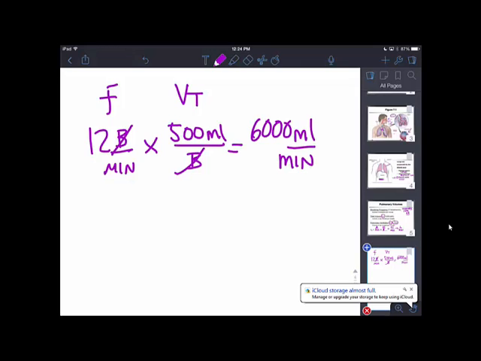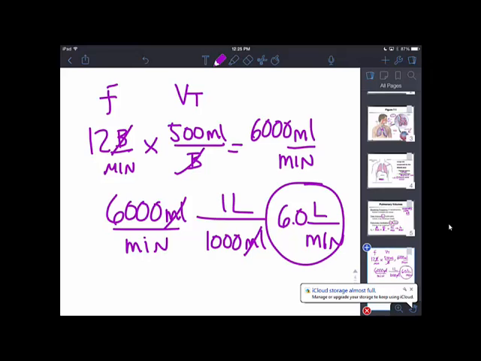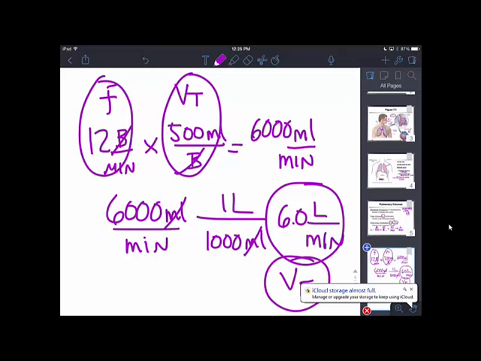Okay, but we want to convert that into liters. And 1 liter is 1,000 milliliters. And 6,000 divided by 1,000 is 6.0. So a normal resting ventilation rate is about 6 liters per minute. Okay, so it's frequency times tidal volume converted into liters, and we have total breathing frequency.